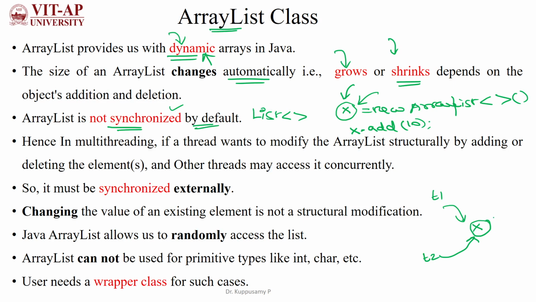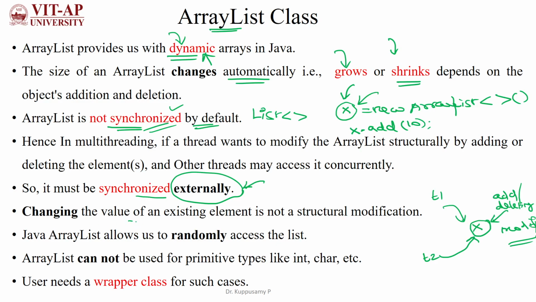So we cannot modify the structure of this object by adding or deleting elements. In this concept we need mutual synchronization, which should be performed externally. Internally there is no synchronization in the ArrayList class, so we have to apply external synchronization by a user-defined synchronized method.